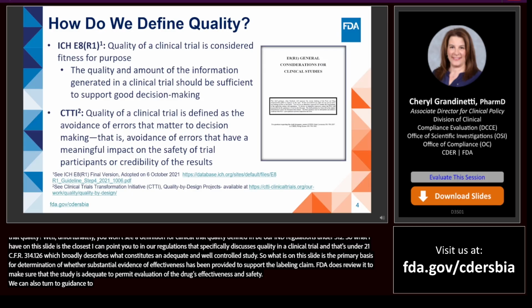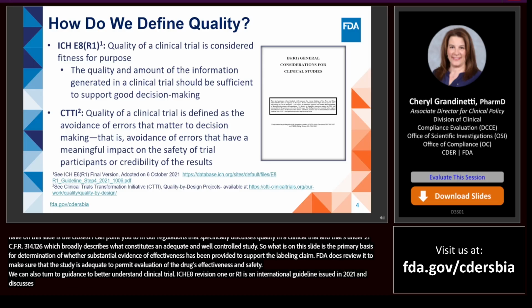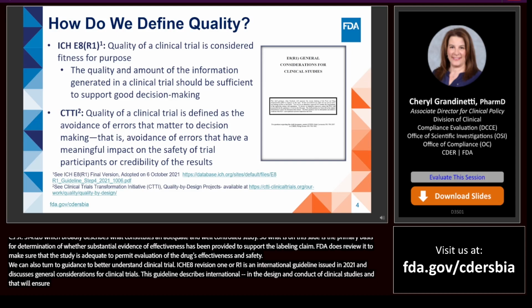ICH E8 Revision 1 or R1 is an international guideline that was issued in 2021 and discusses general considerations for clinical trials. This guideline describes internationally accepted principles and practices in the design and conduct of clinical studies that will ensure the protection of study participants and help with the acceptance of data and results by regulatory authorities.